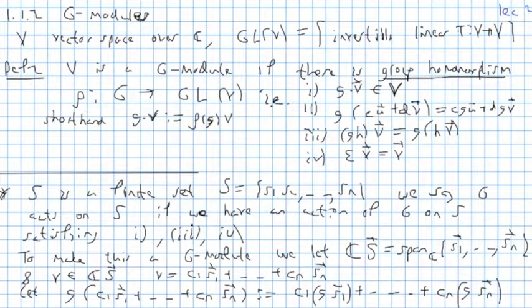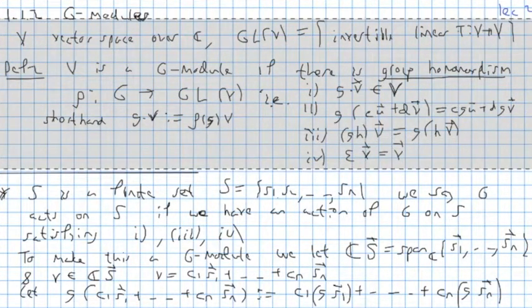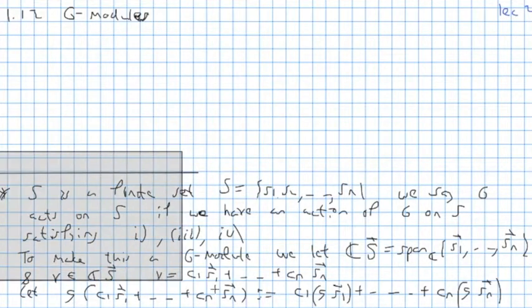So we make it hold, and then this becomes a G module. So from a group action, we can obtain a module, we can obtain a representation. I think now we have the definition of the module.